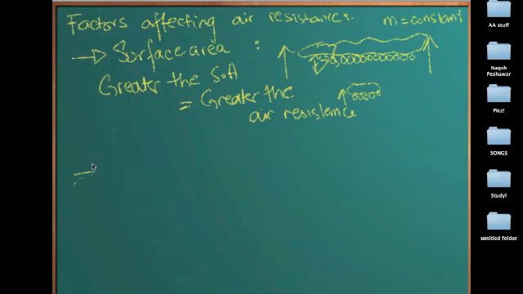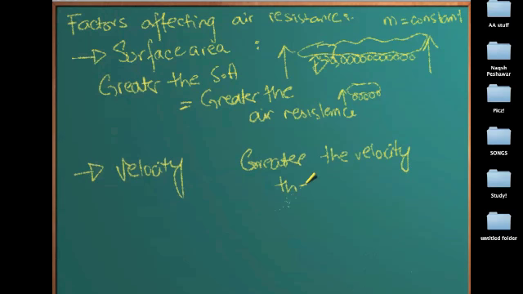So the second factor would be the velocity. The greater the velocity with which the object is traveling, the greater the air resistance. You would have seen, if you were traveling at a velocity of, let's say, 20 meters per second in a car and you open your windows, there's just a light breeze coming in.